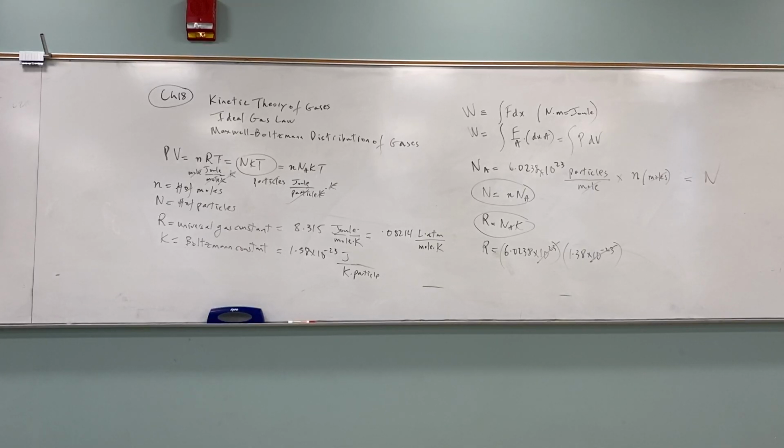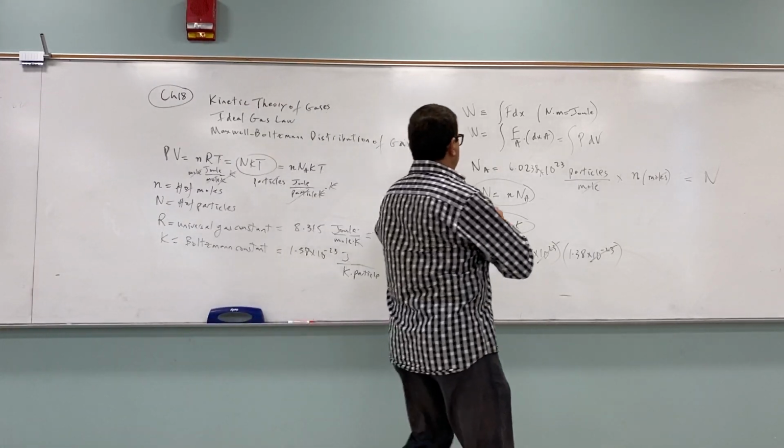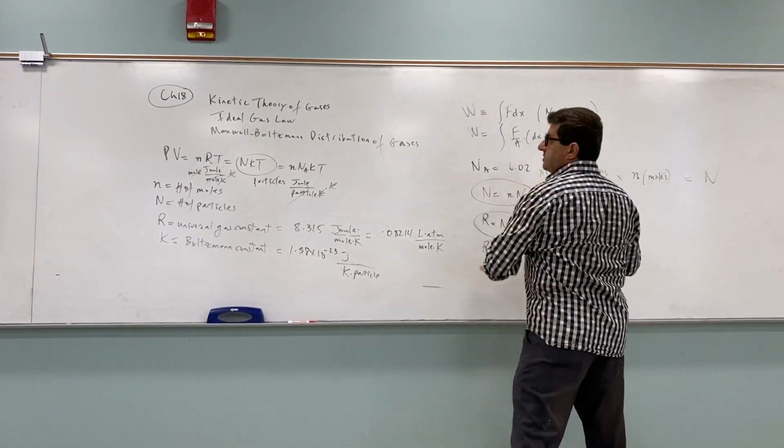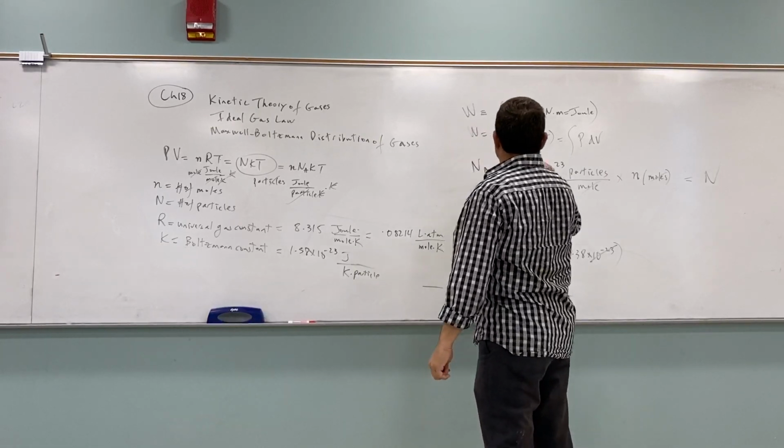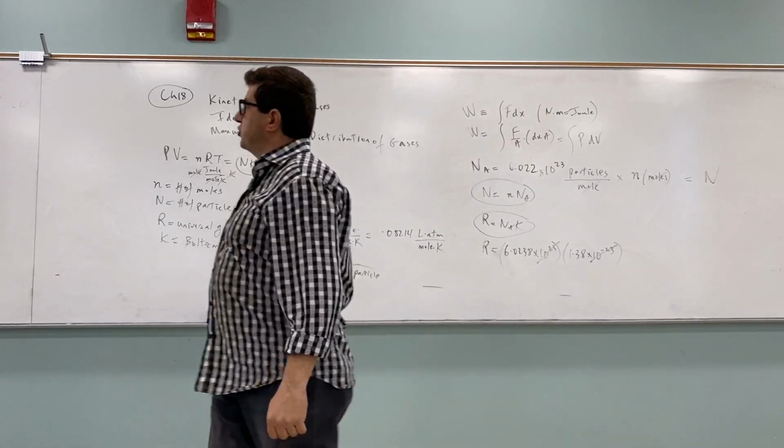Let's get the Avogadro's number down to more accuracy. Avogadro's number is 6.022 times 10 to the 23. Okay, so the earlier value was slightly off. It's 6.022 times 10 to the 23.